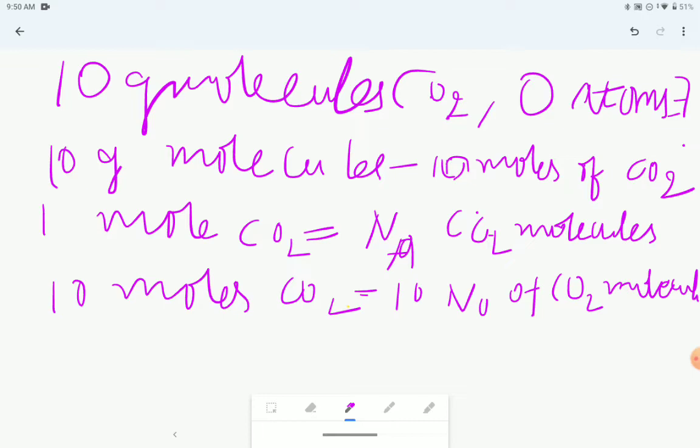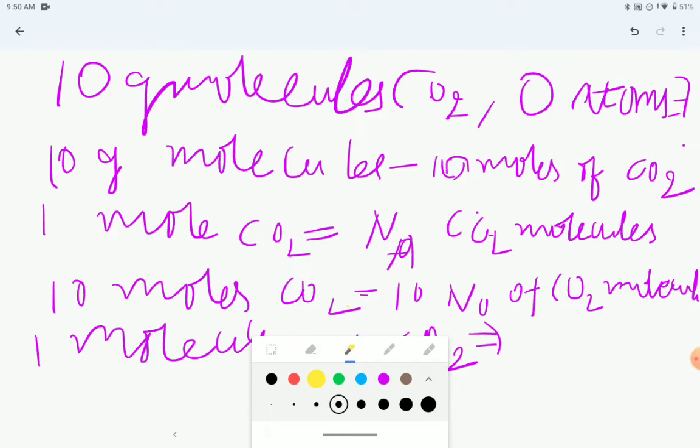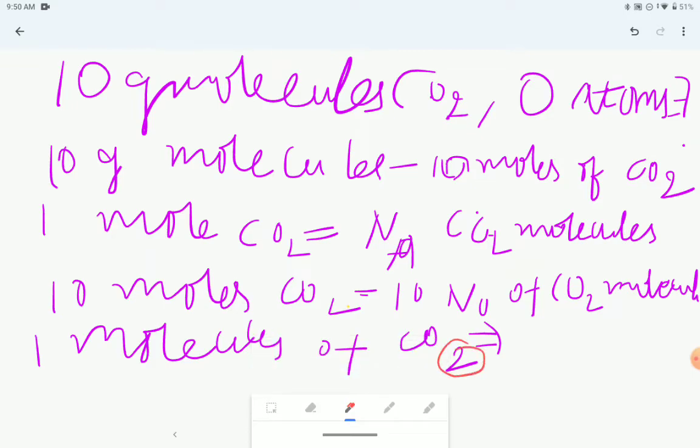That means, how many oxygen atoms are present in one molecule of CO2? Two oxygen atoms. In one molecule of CO2, two oxygen atoms are present.